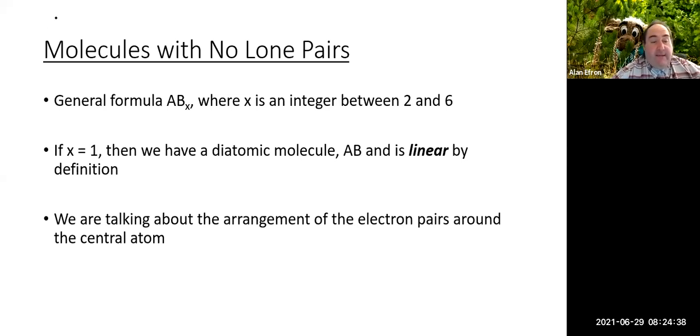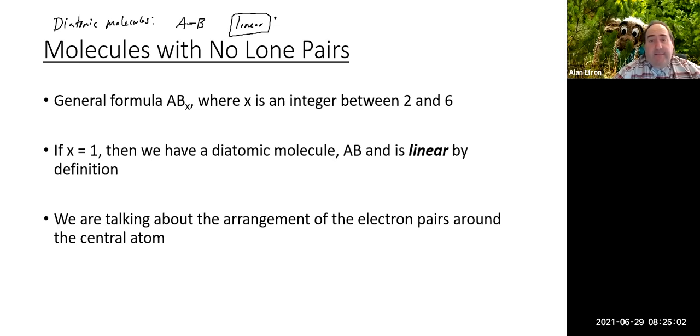It's two atoms together with one bond. The geometry of this, you really don't even have to think about. It's going to be linear 100% of the time.